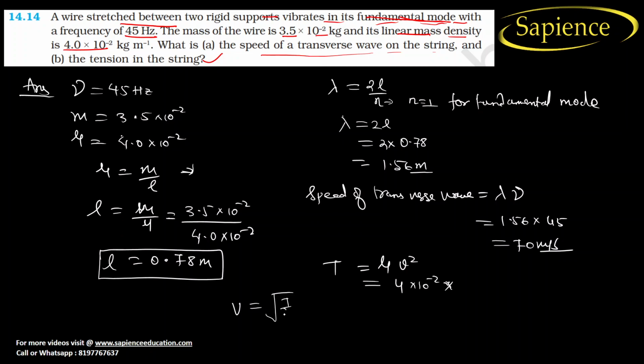Velocity is equal to root under T by mu, so from here tension is equal to mu into V square. Mu is given, velocity we have got 70 meters per second. So 70 into 70 is 4900, into 4 and divided by 100. So this will be approximately 196 Newton. I hope you have got the answer for this question.